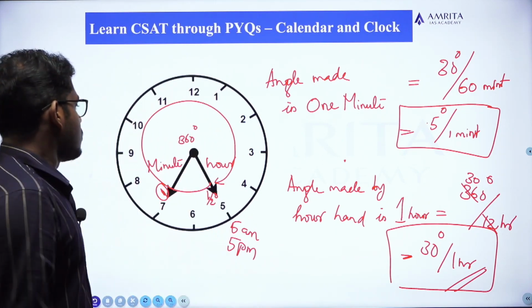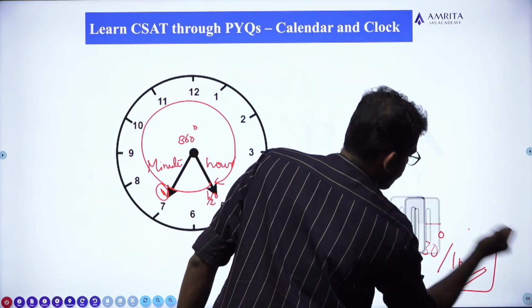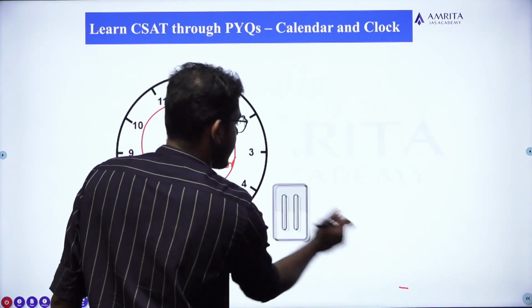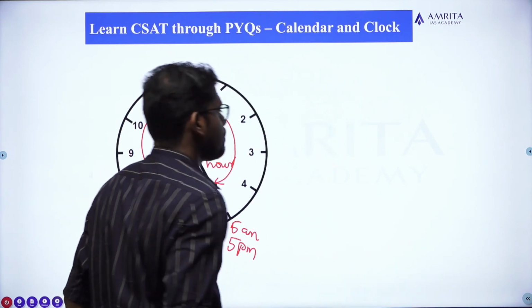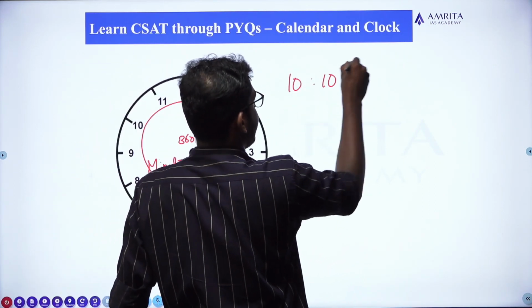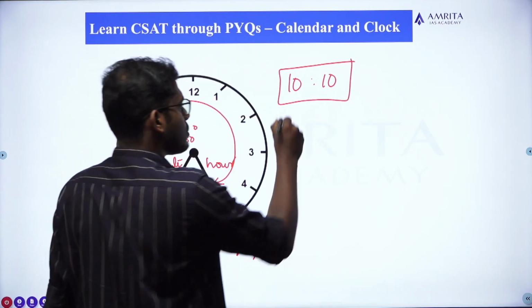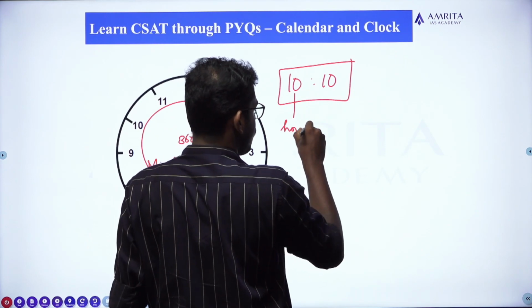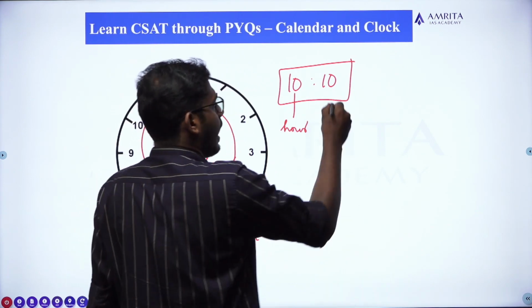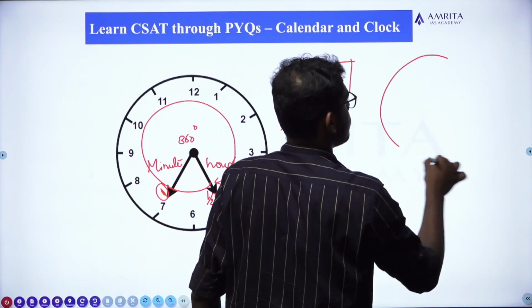Let me take a simple example to find the angle between the hour hand and minute hand. Let me take the time 10:10. So the hour hand is at the position of 10 and the minute hand is at 2.